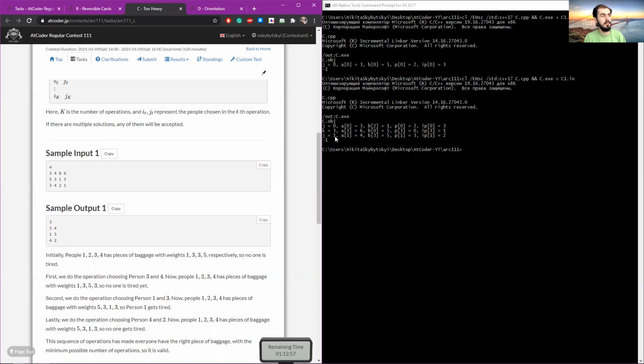Then we consider person with j equals 1. It has weight 4. It's correct. It holds b0? Why b0? Oh, okay, b3 equals 5. It holds less baggage.